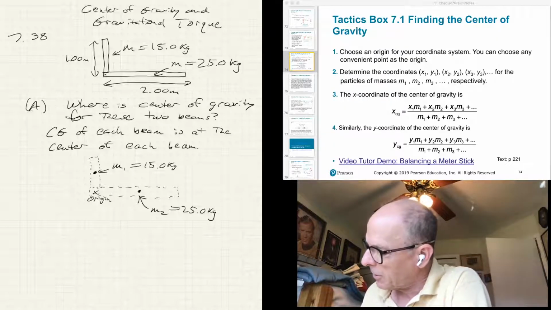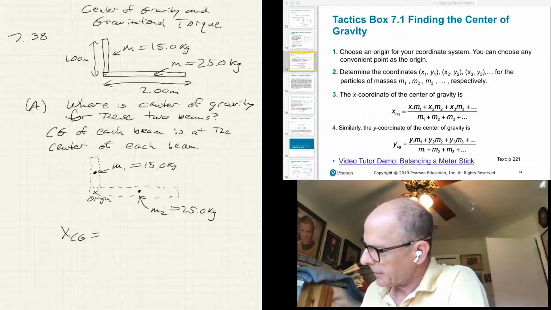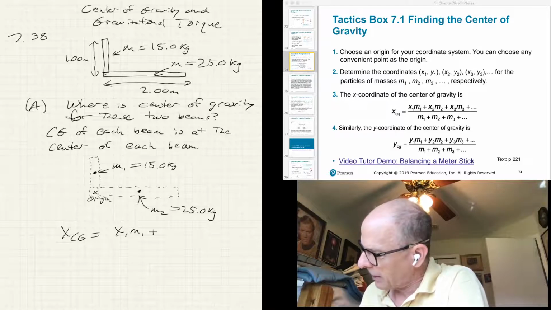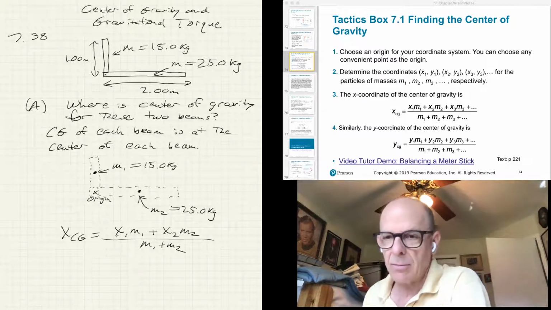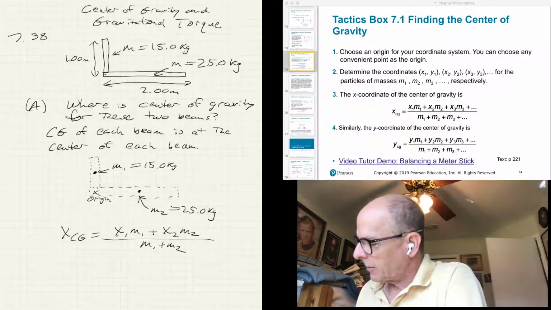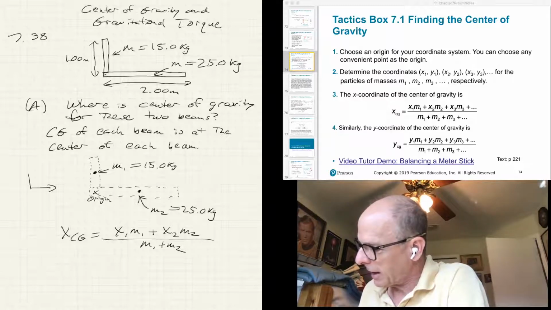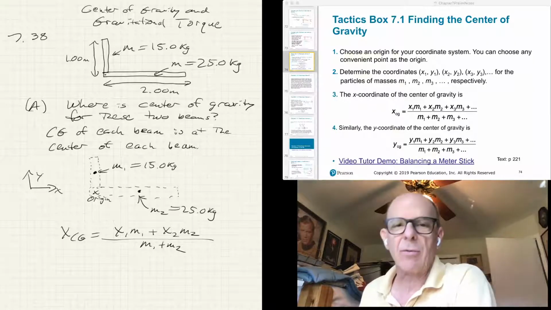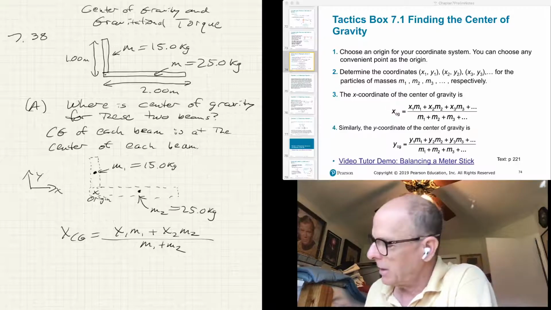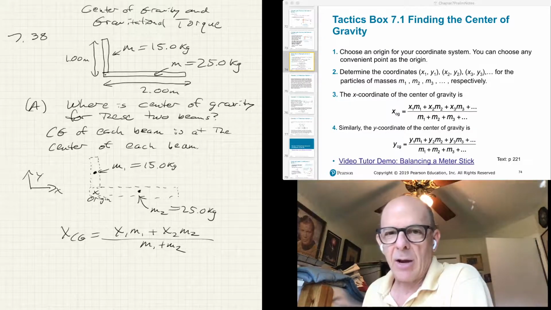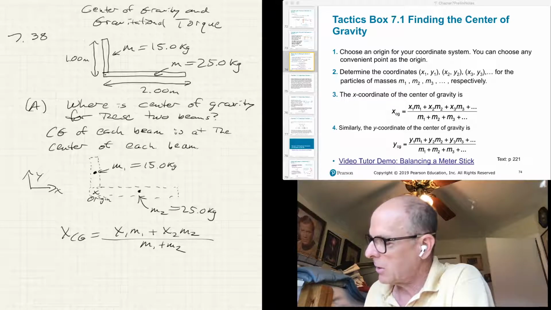So the x position of the center of gravity is the x position of mass 1 times m1 plus the x position of mass 2 times m2, divided by m1 plus m2. If we define x to be horizontal and y to be vertical as we usually do, the x position of mass m1 is 0.